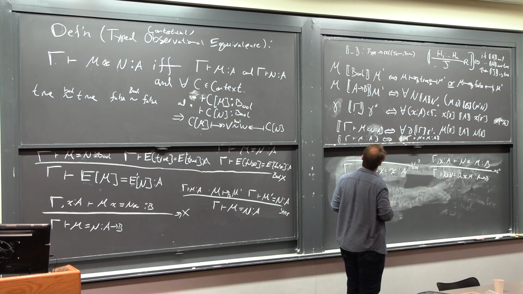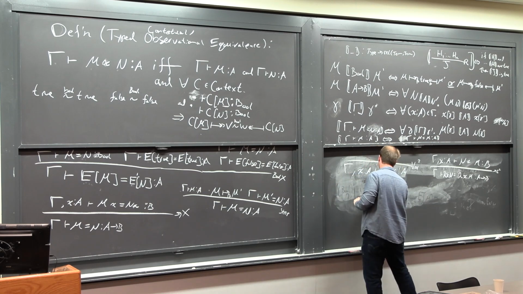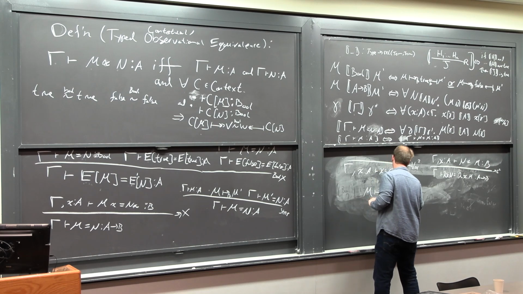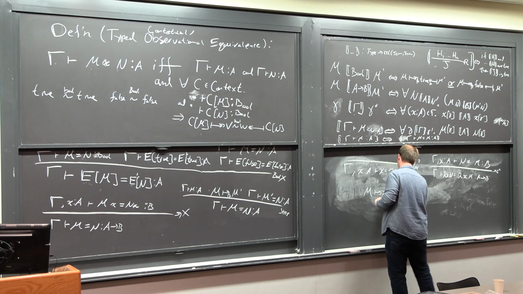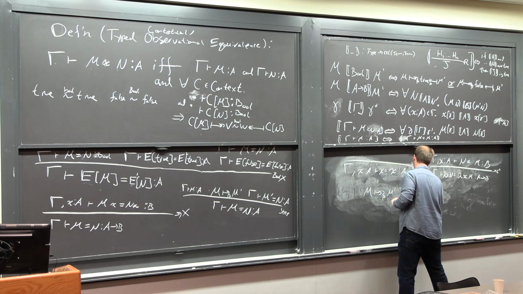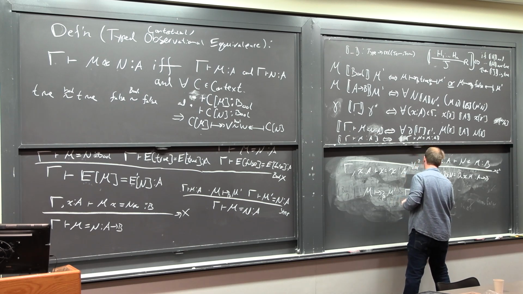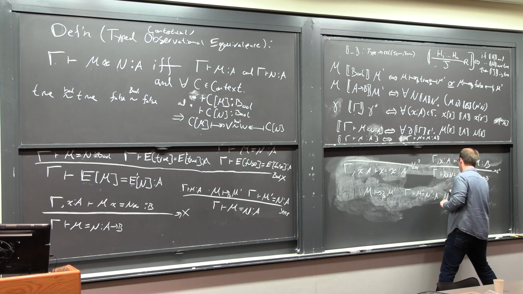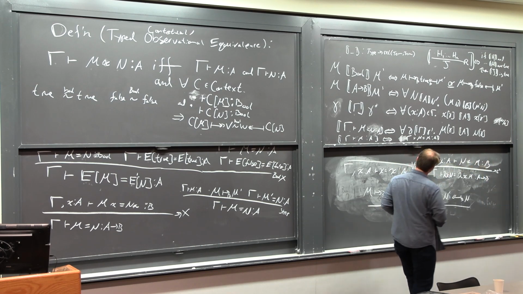But what is the property that holds? So we'll have something like this. M goes to M prime. This is beta reduction. And M prime is equal to N prime at type A. And then N prime comes from N. Right, so this is a form of expansion.